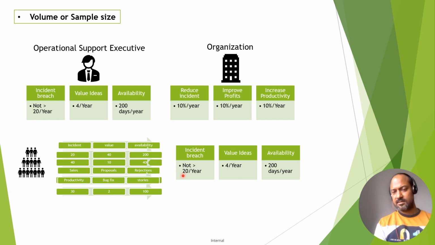Either you just go through one other resource with the same profile and see how many incidents he is breaching per year. It could be that he is breaching 80 incidents per year, but they have said 20. It's not good to use just one sample for that.